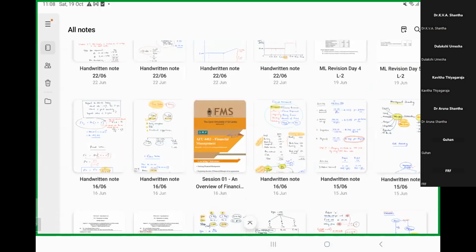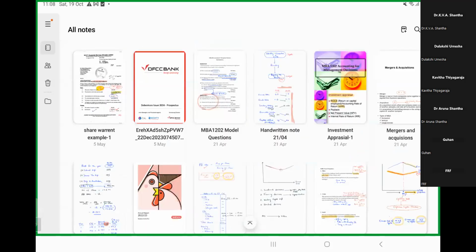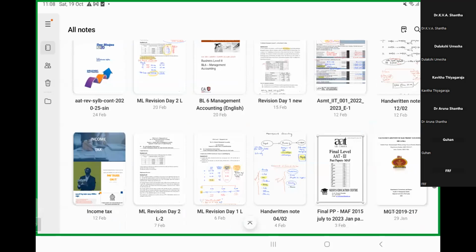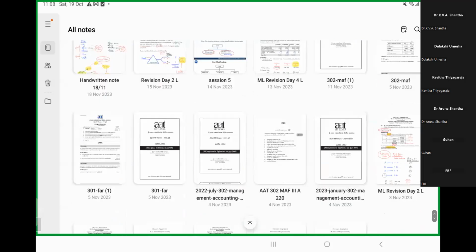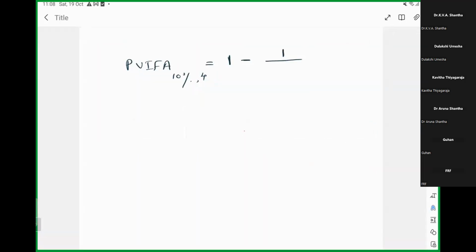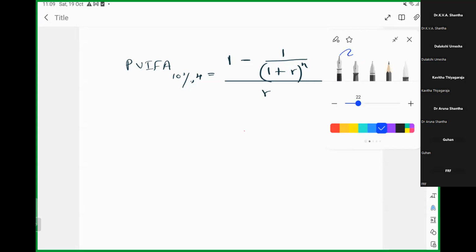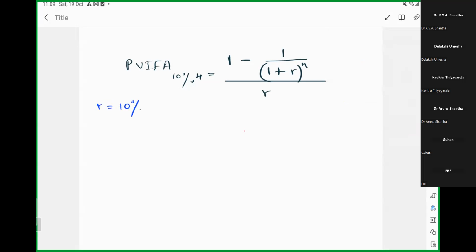Or you can calculate: 1 minus 1 divided by (1 plus R) to the power n, divided by R. R is the interest rate, 10%, that is 0.1.